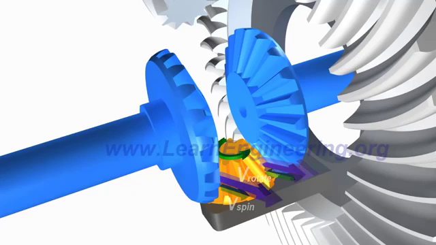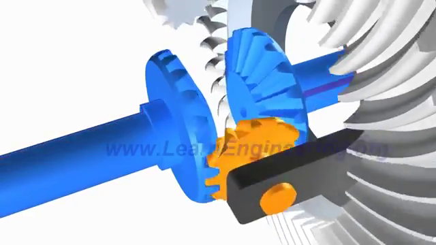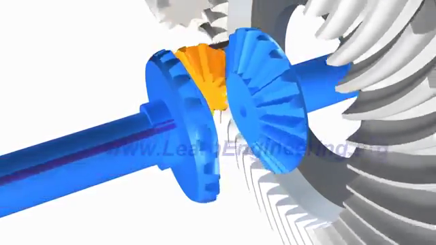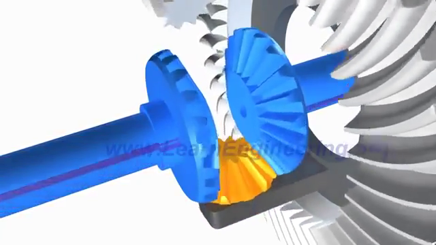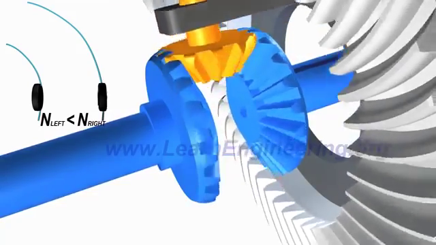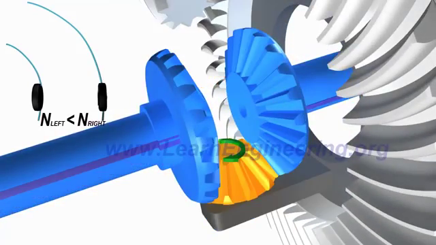Or, the left side gear will have higher speed compared to the right side gear. This is the way the differential manages to turn left and right wheels at different speeds. While taking a left turn, the spider gear will spin in the opposite direction.